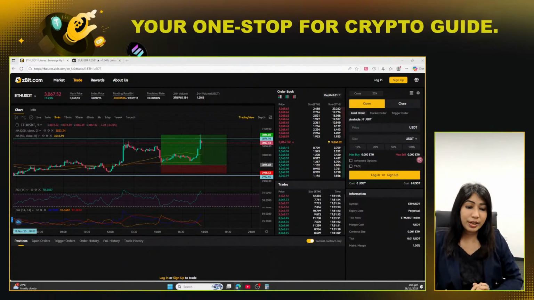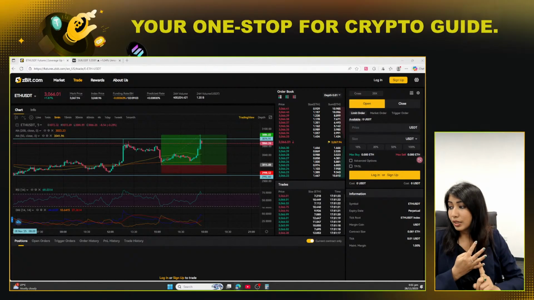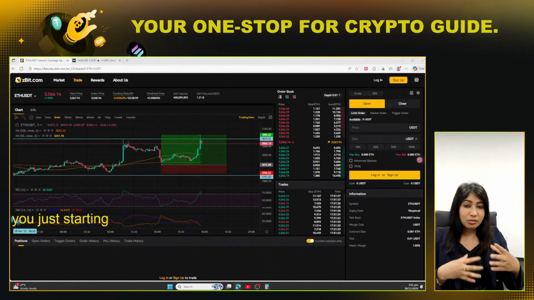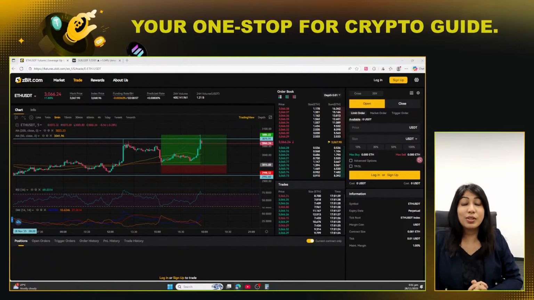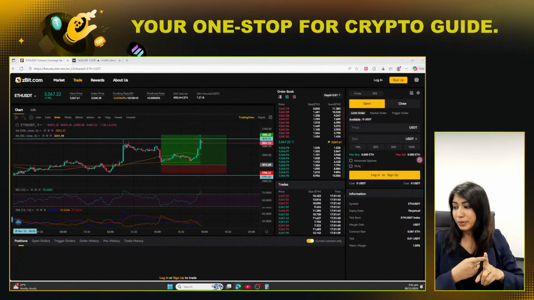If you're just starting out, you need to know there are swing traders, day traders, scalpers, and hodlers. As you keep on trading, you will realize what kind of trader you are. A scalper is somebody who tries to capture small movements and take advantage of quick movements, trying to make money within minutes to seconds. That is how scalpers behave.